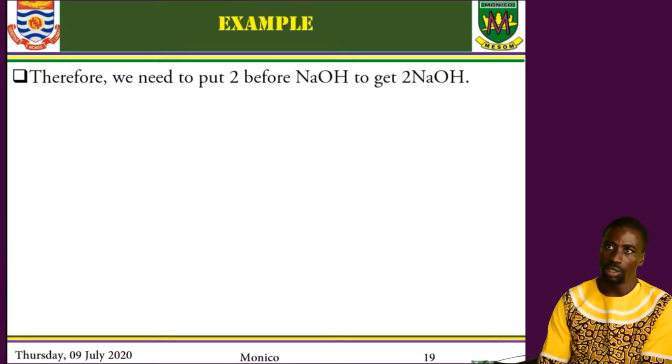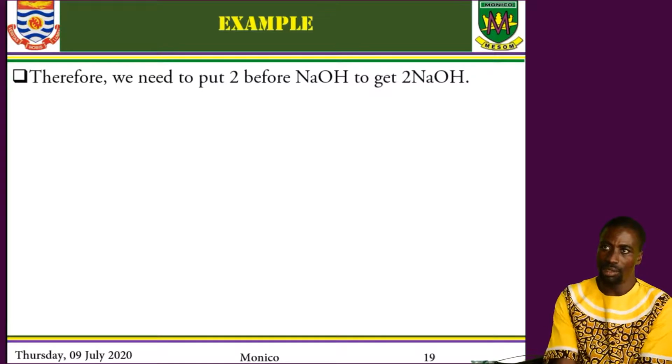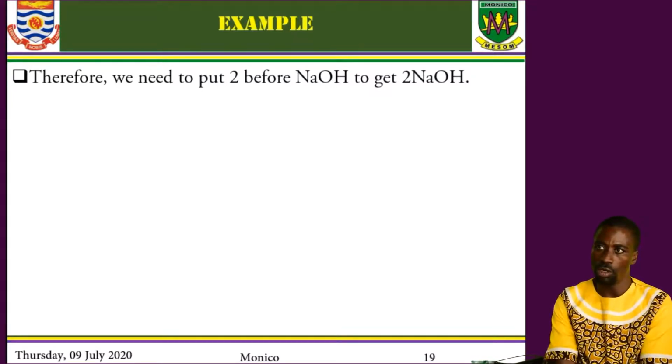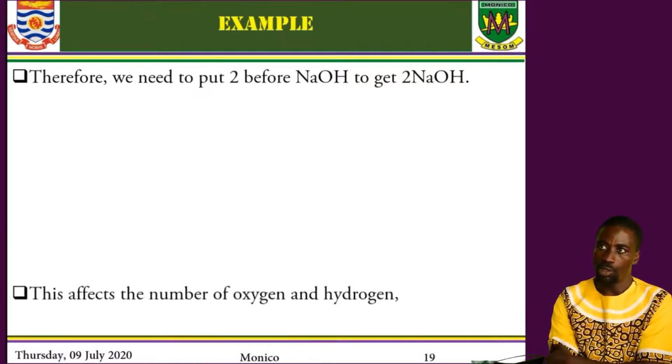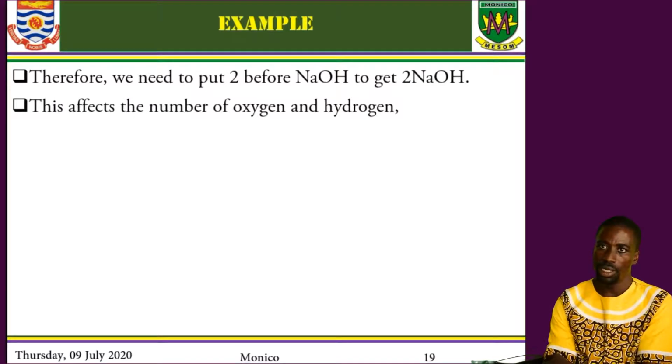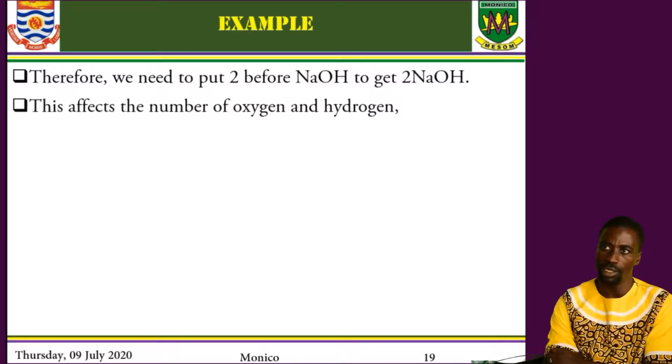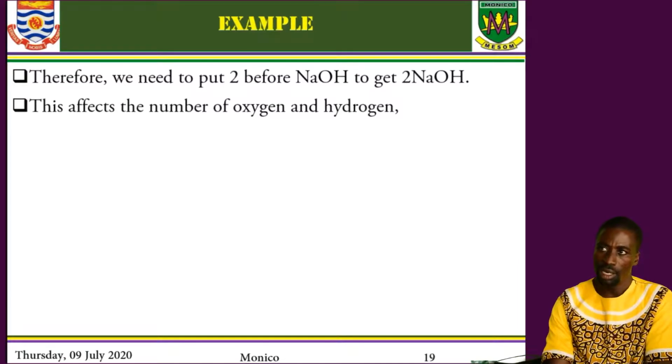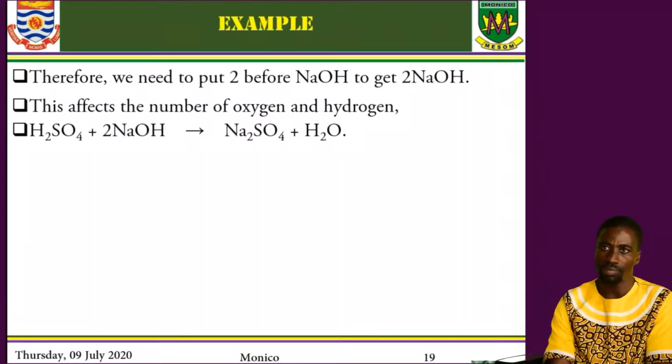Good. So in balancing, you need to put 2 before NaOH to get 2NaOH. Again, this affects the number of oxygen and hydrogen as well, because NaOH has both hydrogen and oxygen. So when you change that, you have changed hydrogen and oxygen as well.